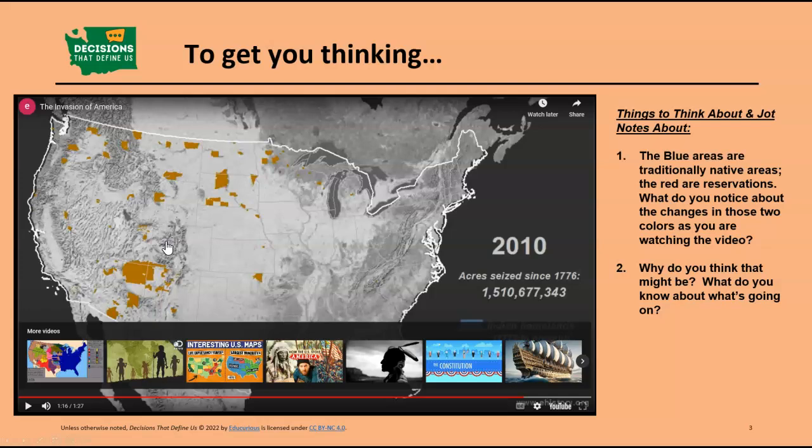Okay, and you can watch that westward expansion as you can see, as we're watching the video, and you can see those territories, those blue areas getting closer and closer to the West Coast, right? Closer and closer to California over here, until ultimately most of that territory has been transferred, right?